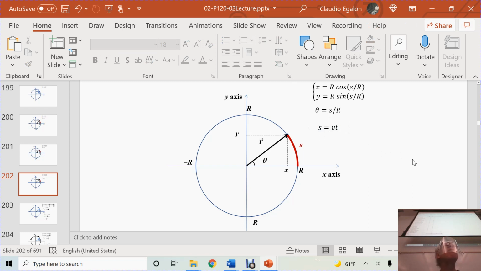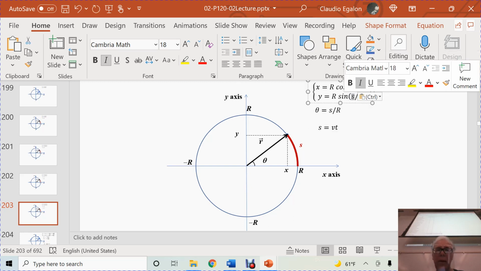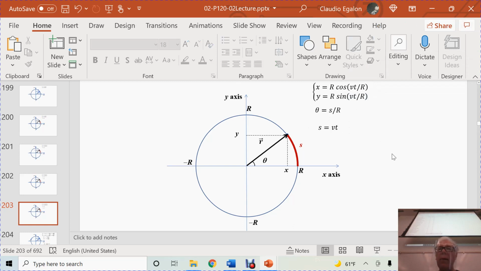Make sense? And now I can substitute that here at the top. One more slide. Okay, vt, I'm going to substitute right here. vt and vt. We're getting there, right?